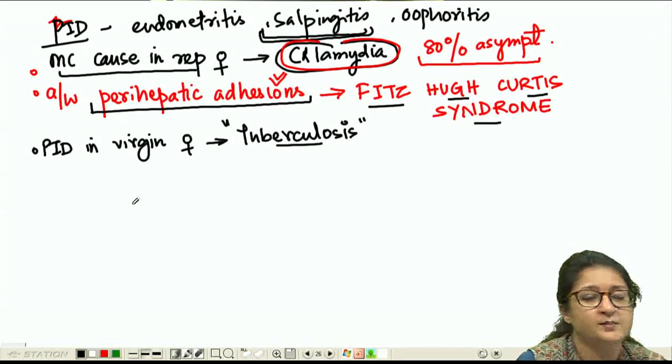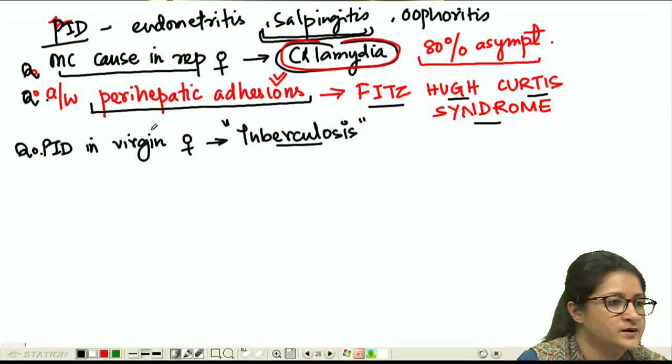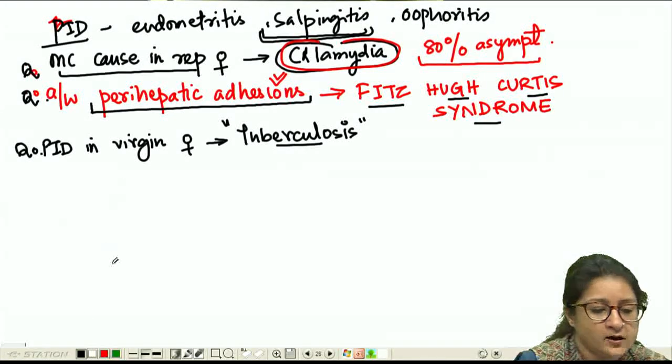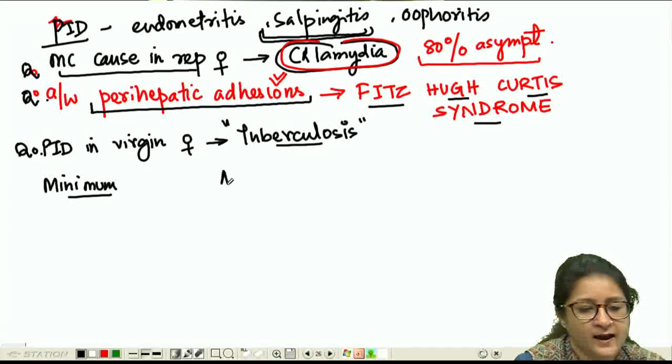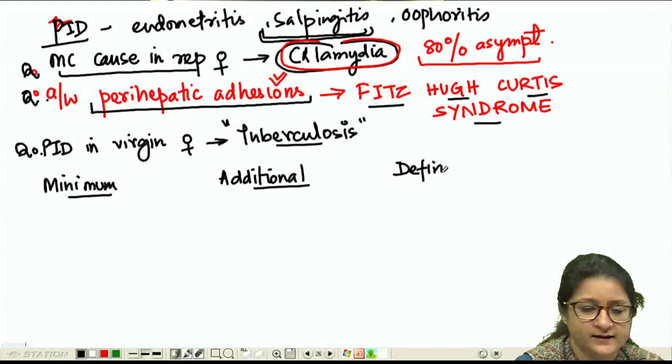So these are three important additional points to remember about PID, the organism responsible with respect to age. Now criteria for diagnosis of PID, we have a minimum criteria, we have an additional criteria which helps in making the diagnosis, and we have a definitive criteria for the diagnosis of PID.